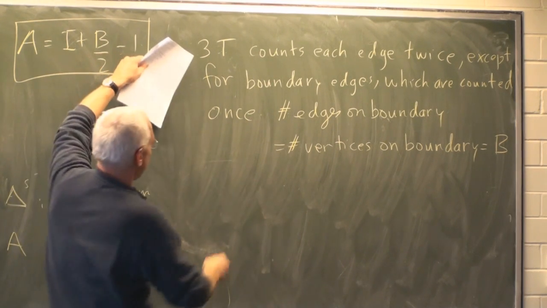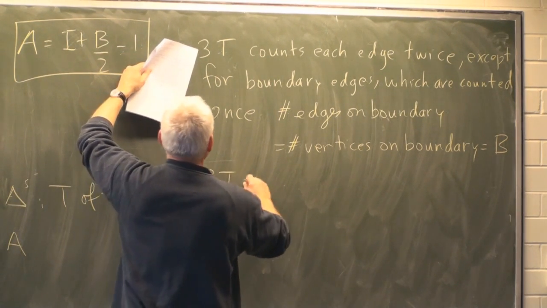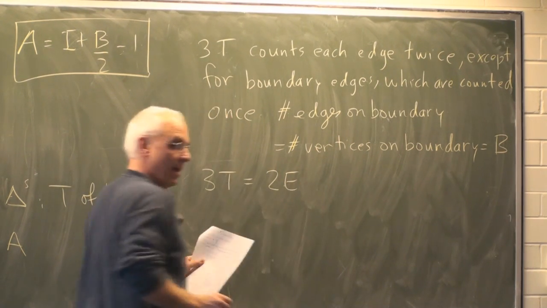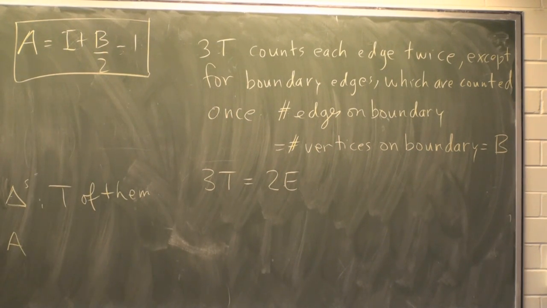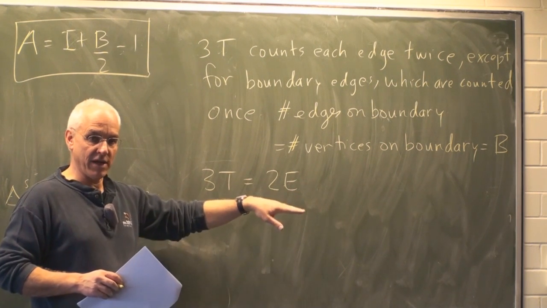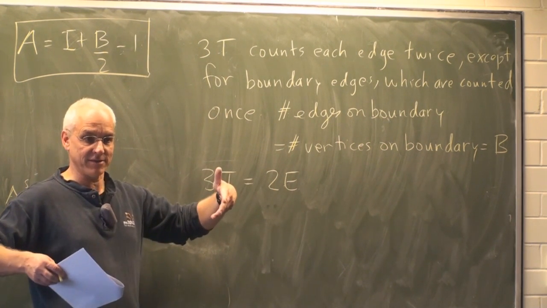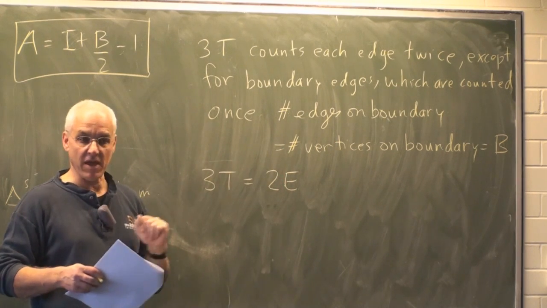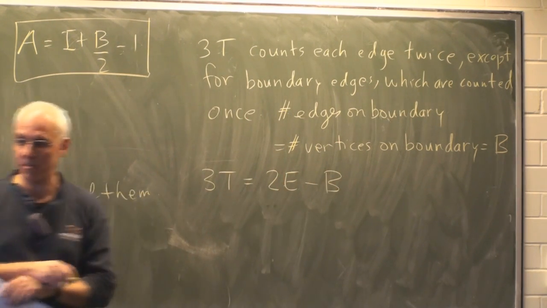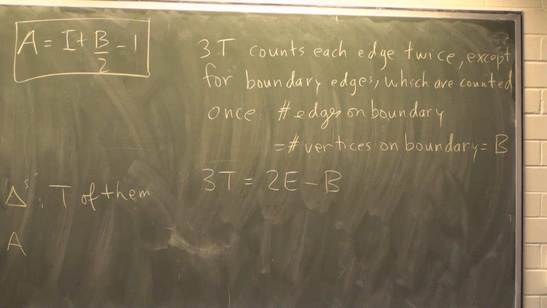Okay, so when we go back up to here, this 3T that we were counting counts each edge twice, except for the boundary edges, which are only counted once. So we have to adjust this total by subtracting B, the number of boundary edges.